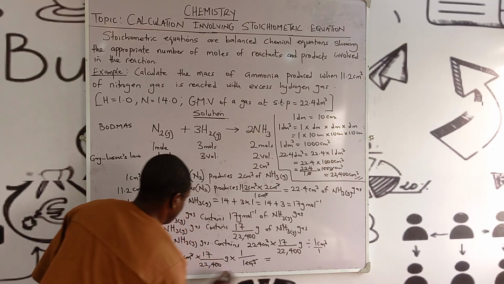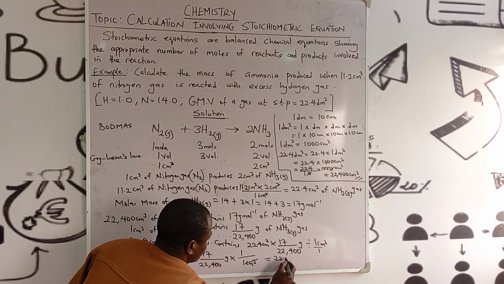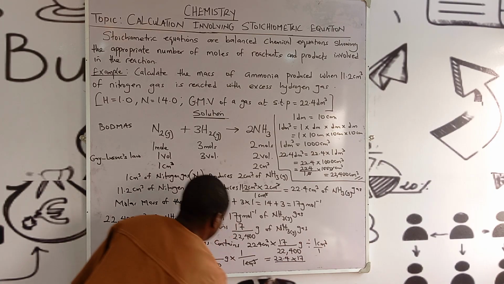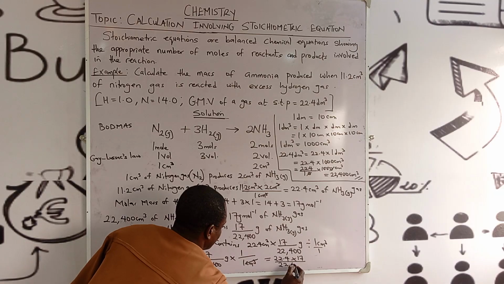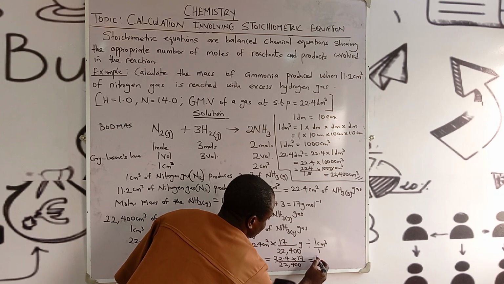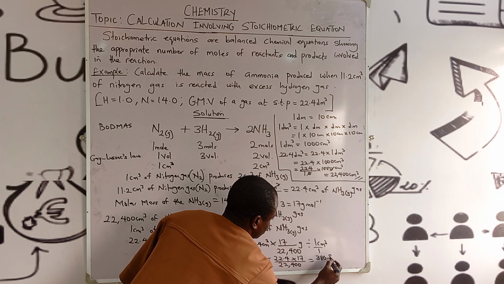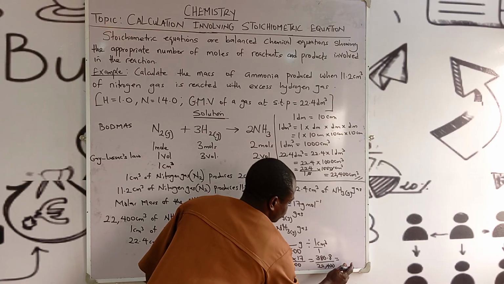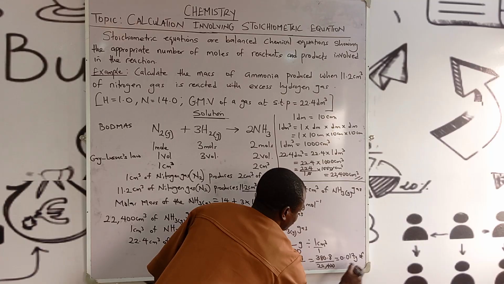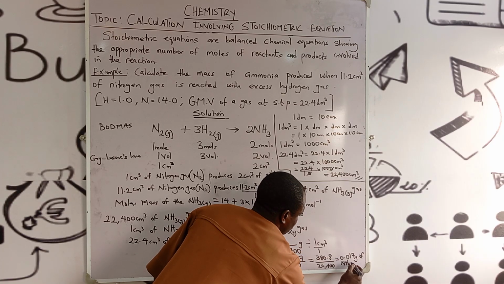We are left with 22.4 times 17 divided by 22,400, which equals, when you multiply the numerator, 380.8 divided by 22,400, which equals 0.017 gram of ammonia gas.